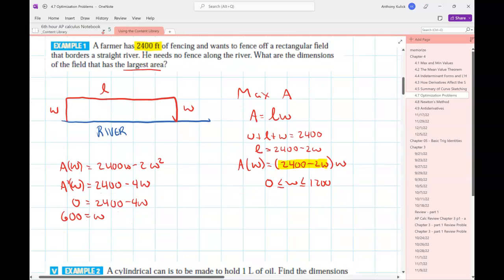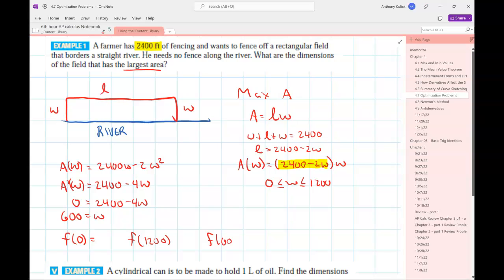Now, using my method from 4.1 in finding the absolute maxes and mins on a closed interval, what values do I need to evaluate? 0, 1,200, and 600.